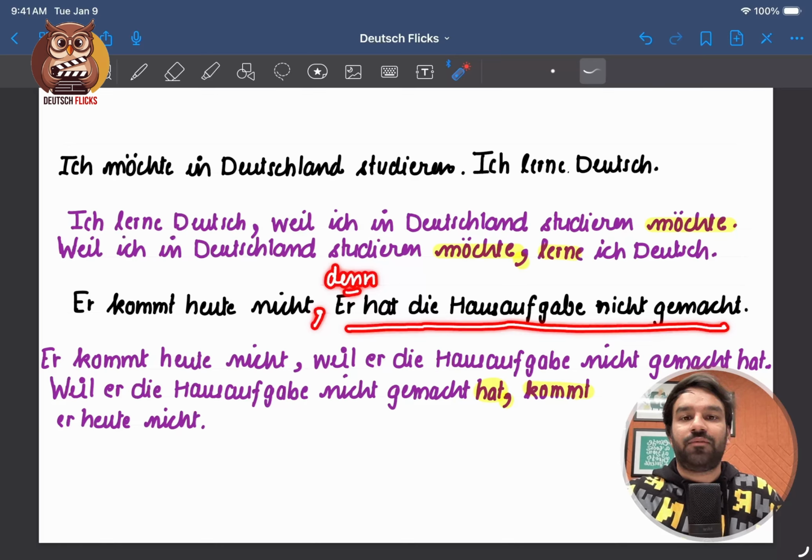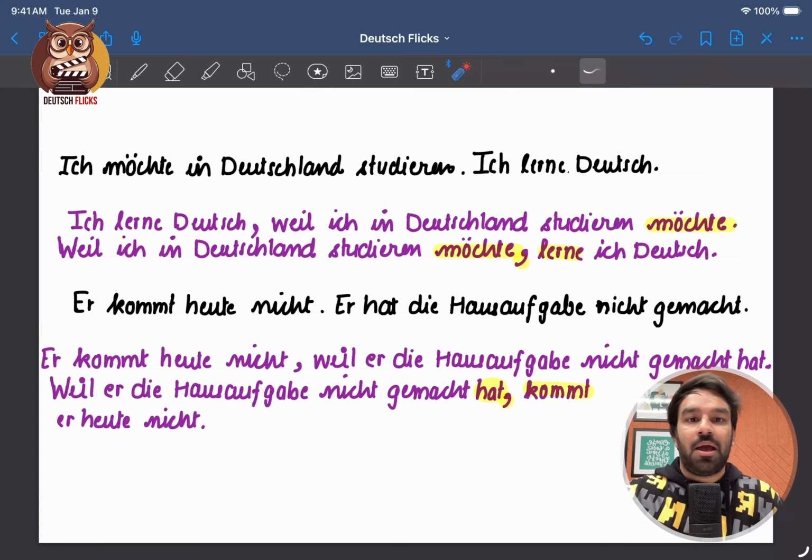So in case of denn, your conjugated verb remains at the same position, it doesn't go to the end. But that doesn't mean that you can simply use denn to avoid the complexity. No, you have to get used to putting your verb at the end. So from now on, it would be better for you to use weil. You have to level up your German now. So I'll write for denn.